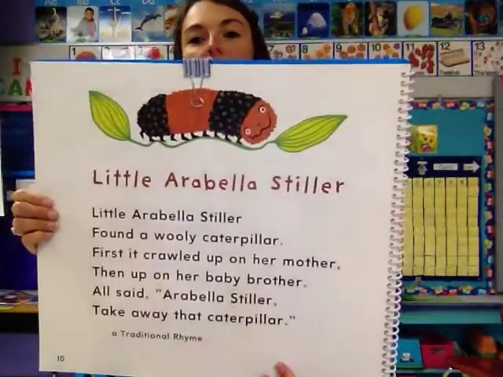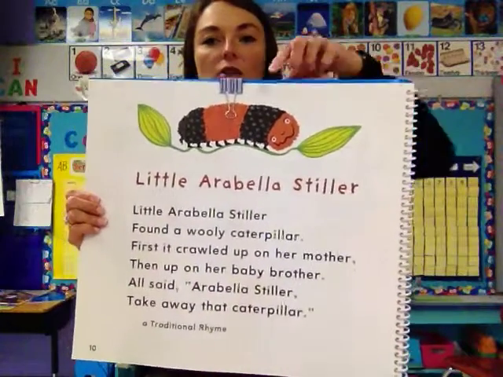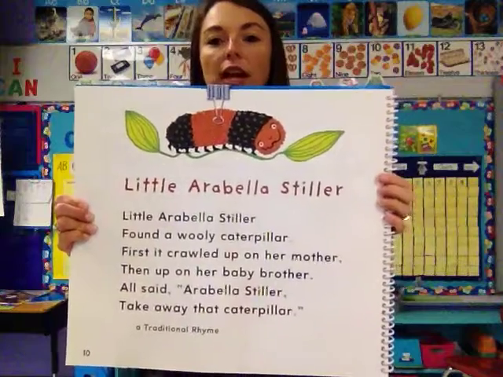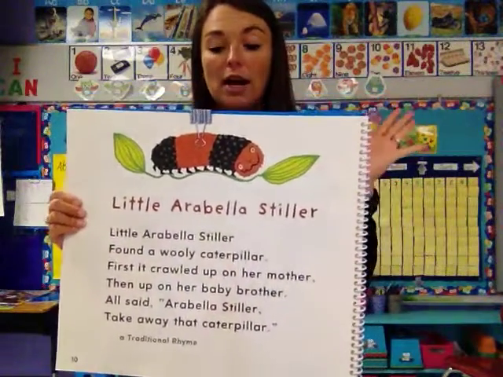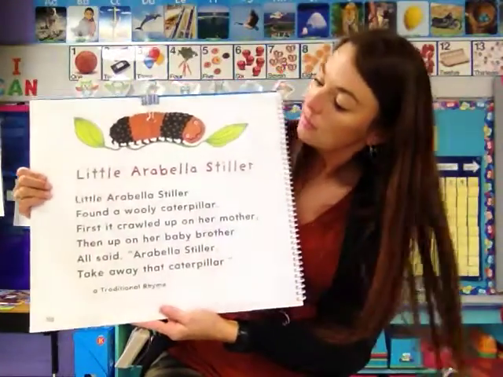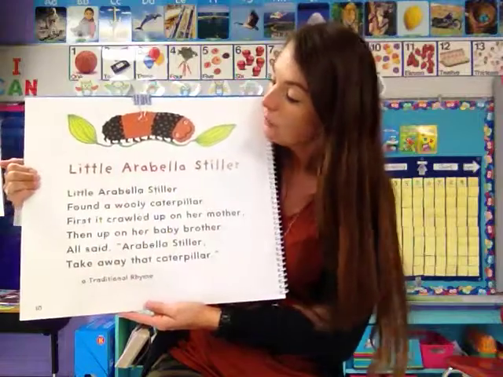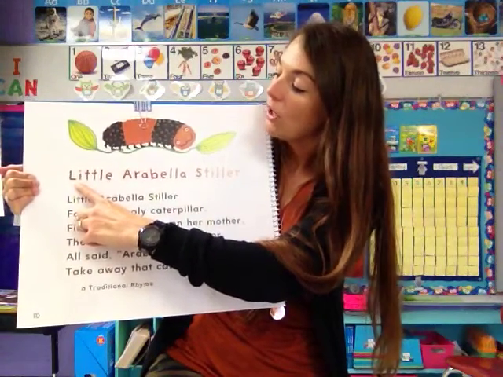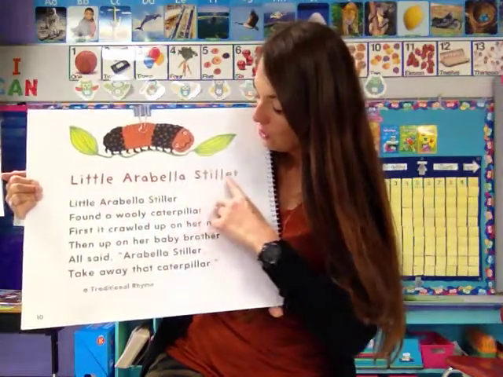So little Arabella Stiller is the name of a little girl, and she goes out and she finds this woolly caterpillar. The caterpillar is crawling on her mom, then it's crawling on her brother. Everybody's saying, "Take it away, we don't want that caterpillar on us." So the first thing that I want you to notice is while I was reading, I started at the top of my page with the first word, and I read my words from the left of the page to the right.